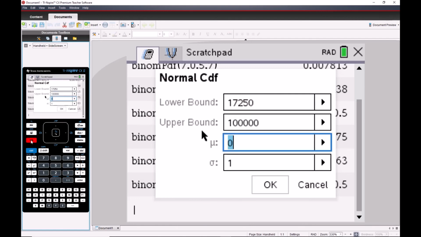All right, the mean here was 19,800. And here's the standard deviation. You can just put it in as a division, 2,900 divided by, and I'm just going to put this in parentheses. I don't know why. You probably don't need to. Control square root 12. Close that off. And just tab to OK. And it should be fine.